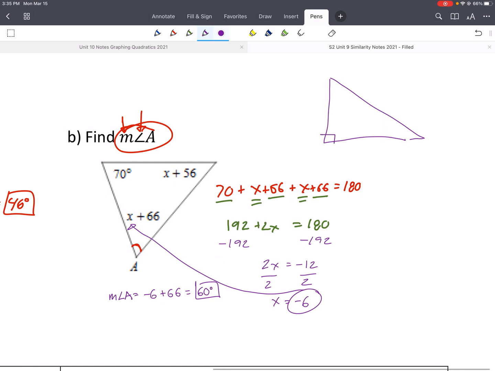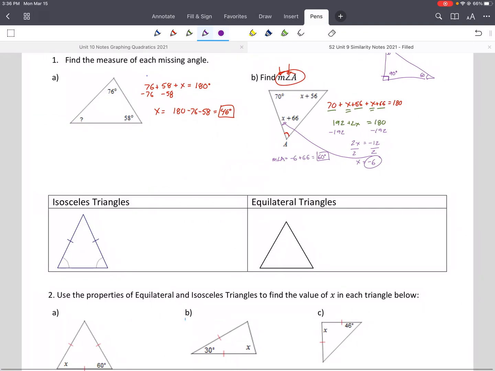If we have a right angle, I just want to make sure everyone's got this, that's 90 degrees. So if we ever have a problem on a homework or a test, and we have this right angle, that value is 90 degrees. So maybe that's 30 degrees, and we need to find this missing angle, we would end up getting 60. Okay? All right.